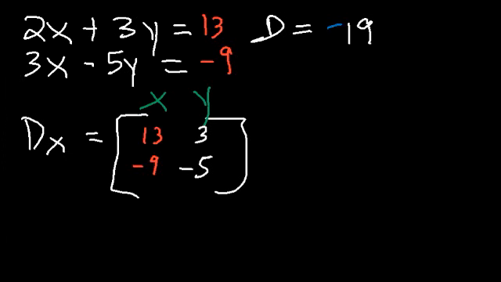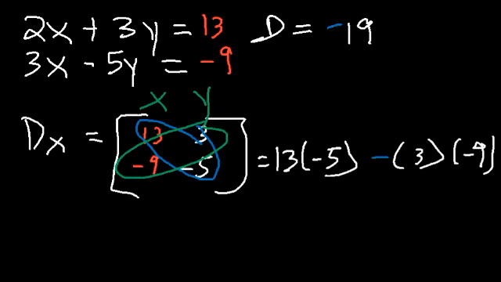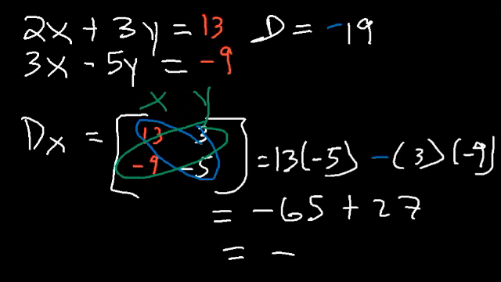The determinant is going to be 13 times negative 5, minus negative 9 times 3. 13 times negative 5 is negative 65, and negative 3 times negative 9 is positive 27. If you add these two numbers, you should get negative 38. So dx is equal to negative 38.